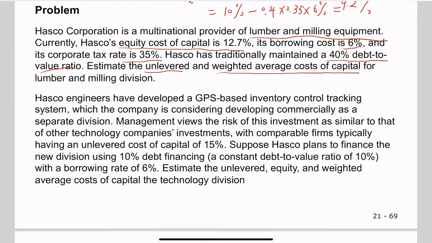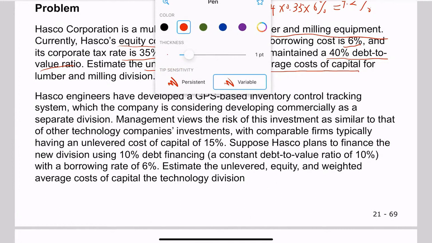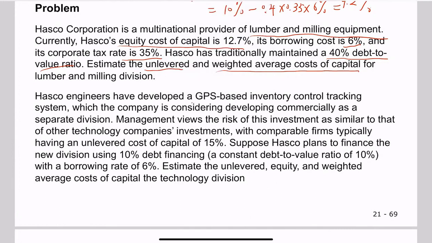Okay, now let's look at the next question. Let's say the firm wants to develop a GPS-based inventory control tracking system. Anyway, it's a new project, right? So the firm now has a new project. And let's say Haskell defines some comparable firms, and these comparable firms have an unlevered cost of capital of 15%.